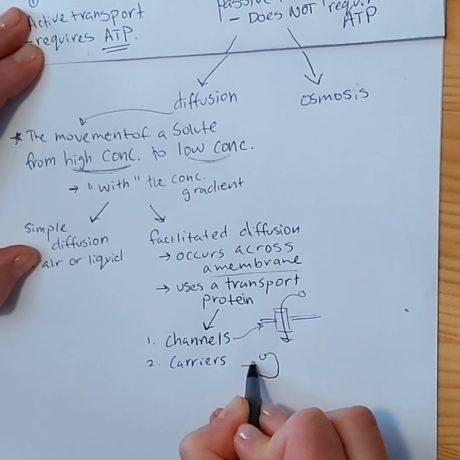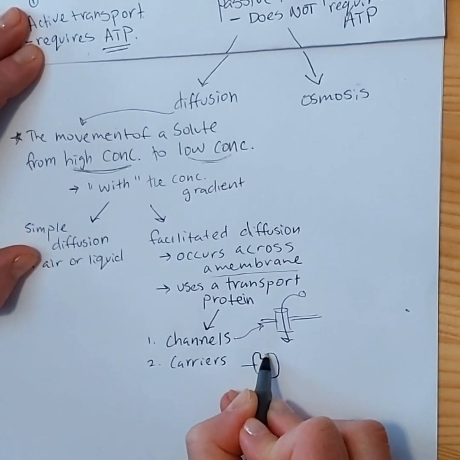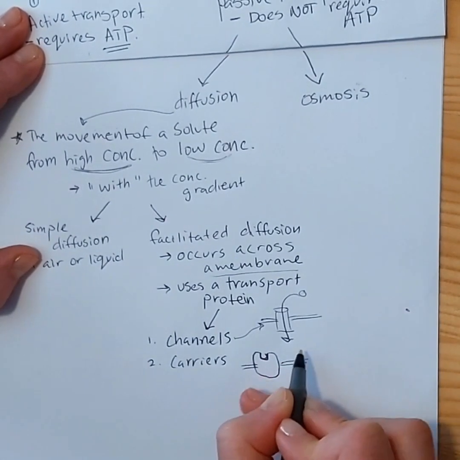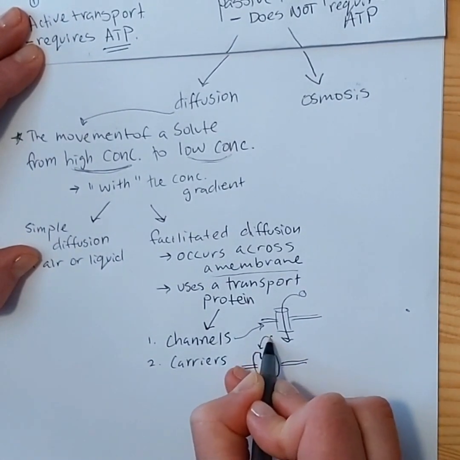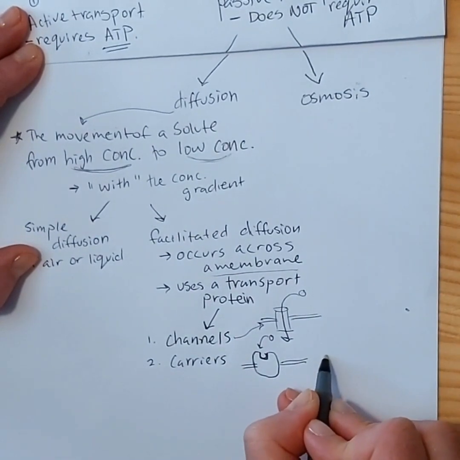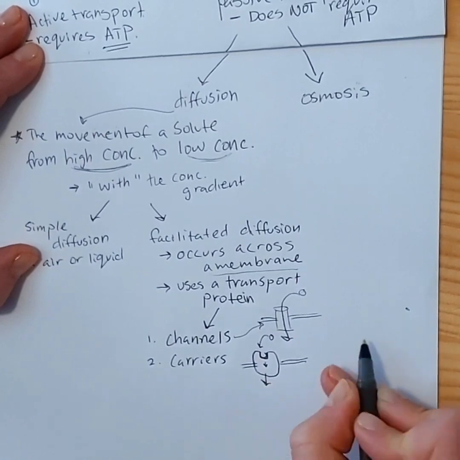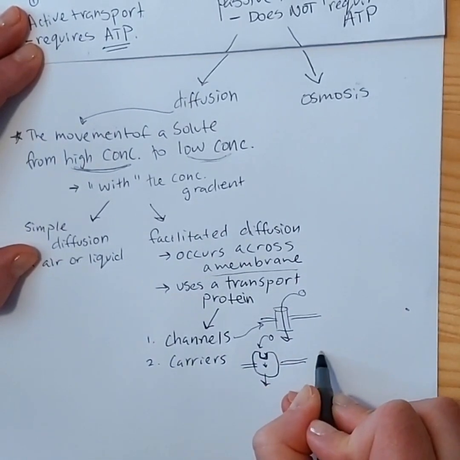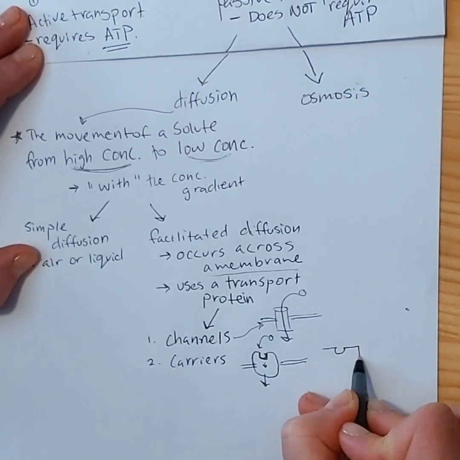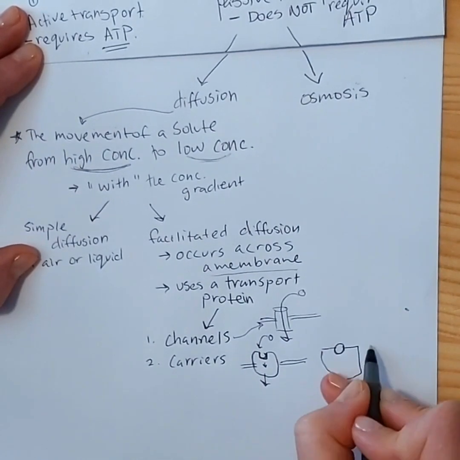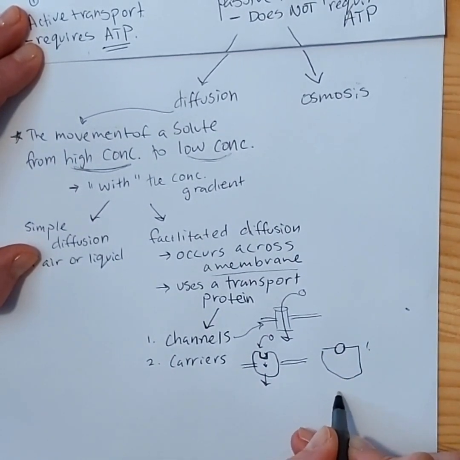Sometimes they look like a puzzle that's missing its neighbor. Here's my membrane on either side. Your solute will pop into this little puzzle hole, and your carrier will slowly push it through. So that's step one, it pops into the hole. Next step, the little protein is going to suck it through.